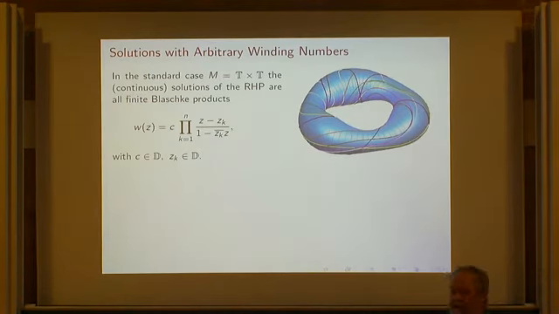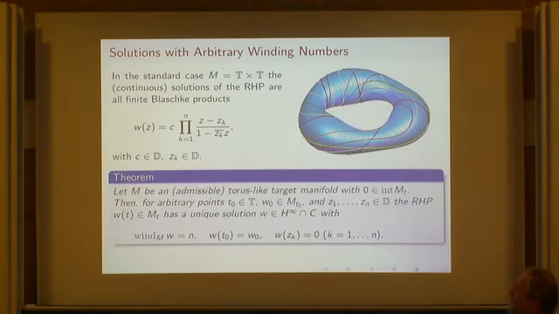Besides the fundamental solutions, there are many other solutions. As we have seen for the Blaschke products, we can prescribe zeros arbitrarily inside, and then we get solutions with higher winding number. So here is the result. If we have 0 inside the target curves and arbitrary fixed points in D, then we get a unique solution. And an additional condition I forgot, an additional condition at the boundary for one point.